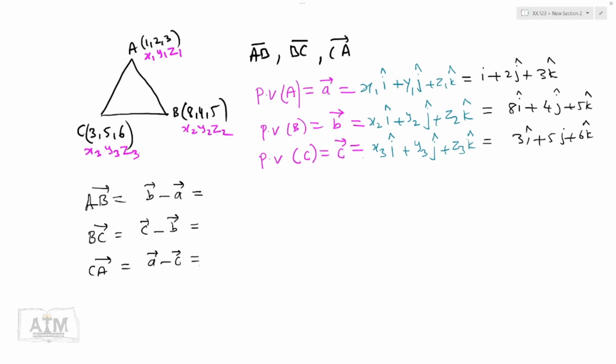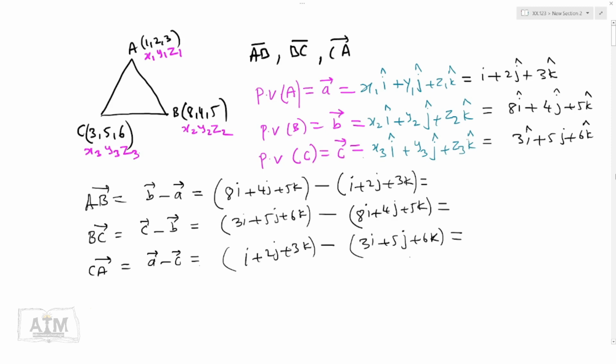Vector AB is obtained by vector B minus vector A, vector BC by vector C minus vector B, and vector CA by vector A minus vector C. Therefore vector AB equals 8i plus 4j plus 5k minus (i plus 2j plus 3k).